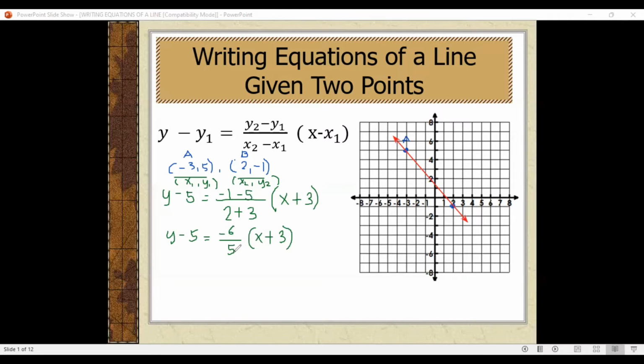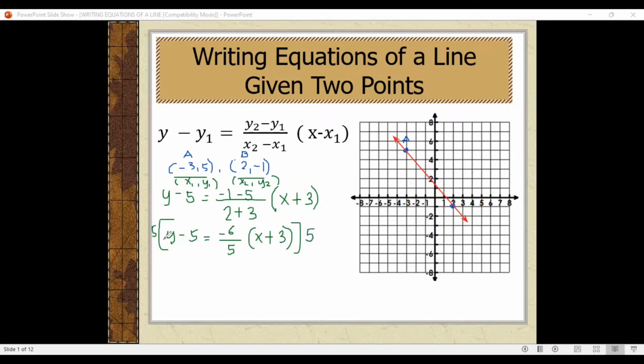So what are we going to do here? We just have to multiply this whole thing, both the left side and the right side of the equation, with the existing denominator. So we have a 5 here. We need to multiply 5 to the left side, and to maintain the equality, you have to multiply also on the right side.